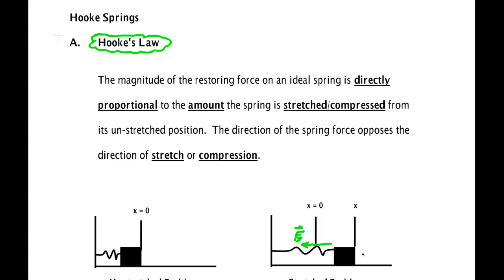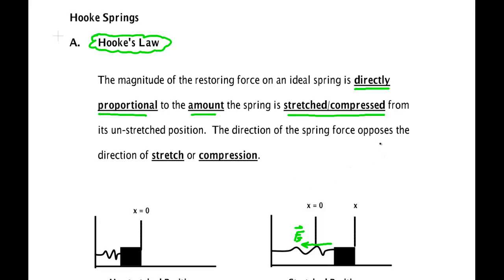Furthermore, the further you pull the block, the harder the spring will pull back against you. To put it more mathematically, it says it's directly proportional to the amount that you stretch or compress the spring. This means if you double the distance you stretch the spring, the force doubles. If you triple the distance you stretch the spring, the force triples.